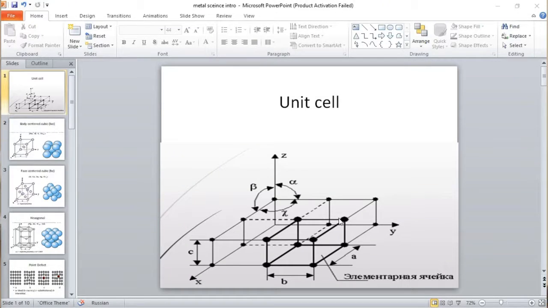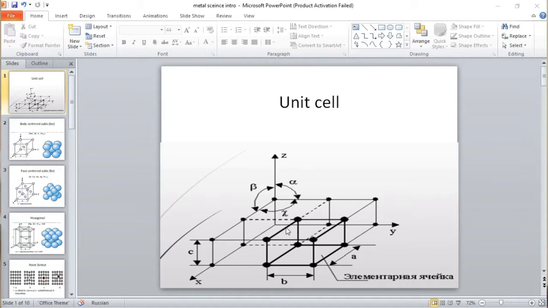Let me show you what we mean when we talk about a unit cell. Now, looking at the screen, this is a unit cell. A unit cell is the smallest volume of a metal that gives us the way atoms are arranged.